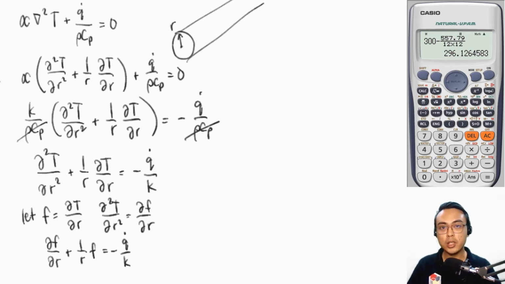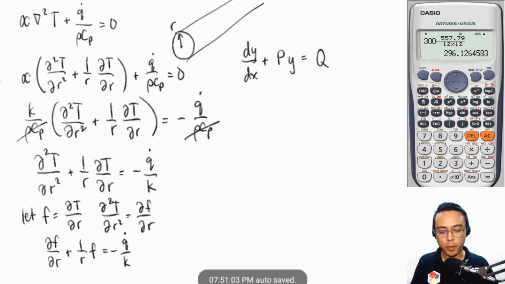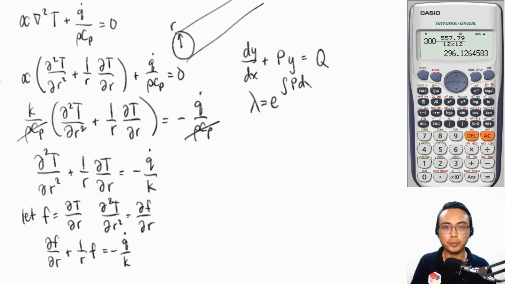How do we solve this? We first recognize that it looks like the form dy over dx plus py is equal to q. And for these types of differential equations, we can define an integrating factor lambda, such that this is equal to e raised to the integral of p dx.